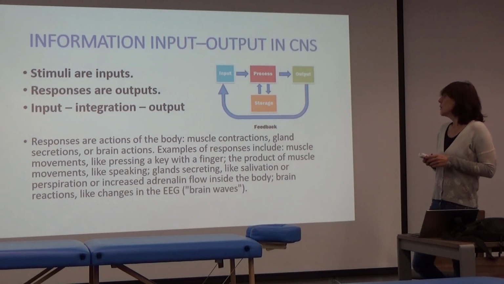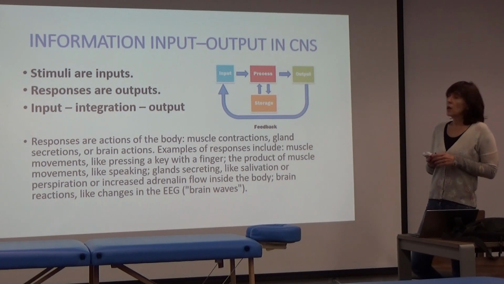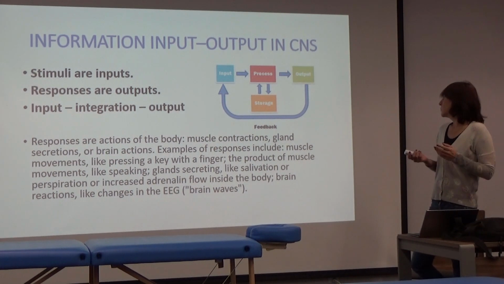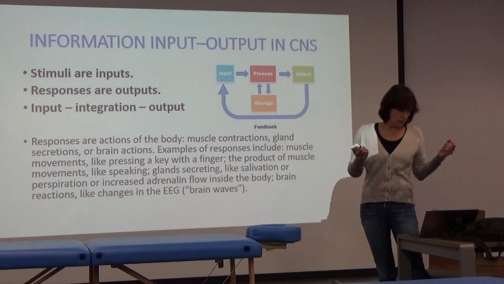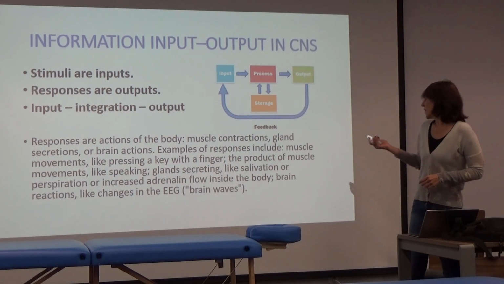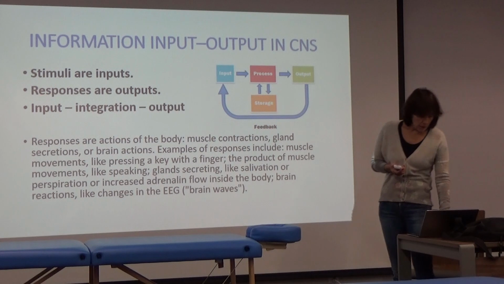So responses could be any actions of the body: muscle contractions, gland secretion, brain activity. Examples could be conscious or subconscious movement, salivation, respiration, adrenaline flow inside the body, brain reactions, or even brain waves which we measure with electroencephalogram.